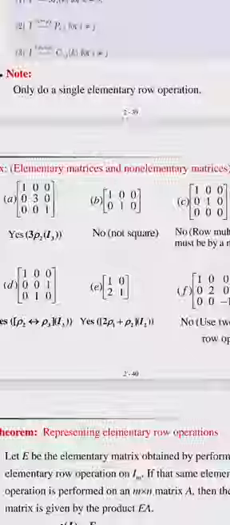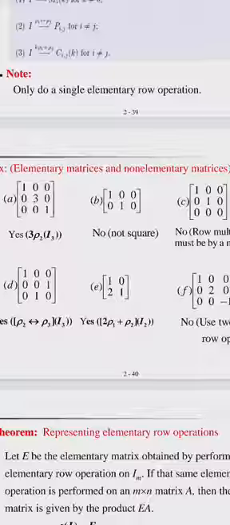Then second one: 1 0 0, 0 1 0. This matrix is a non-elementary matrix. That means this matrix has number of rows 2 and number of columns 3, so the number of rows and columns are not equal.